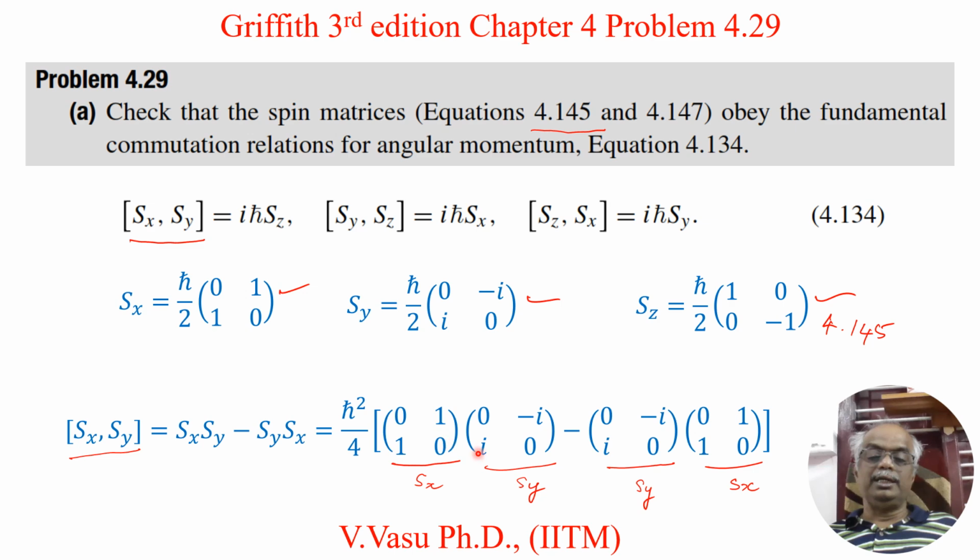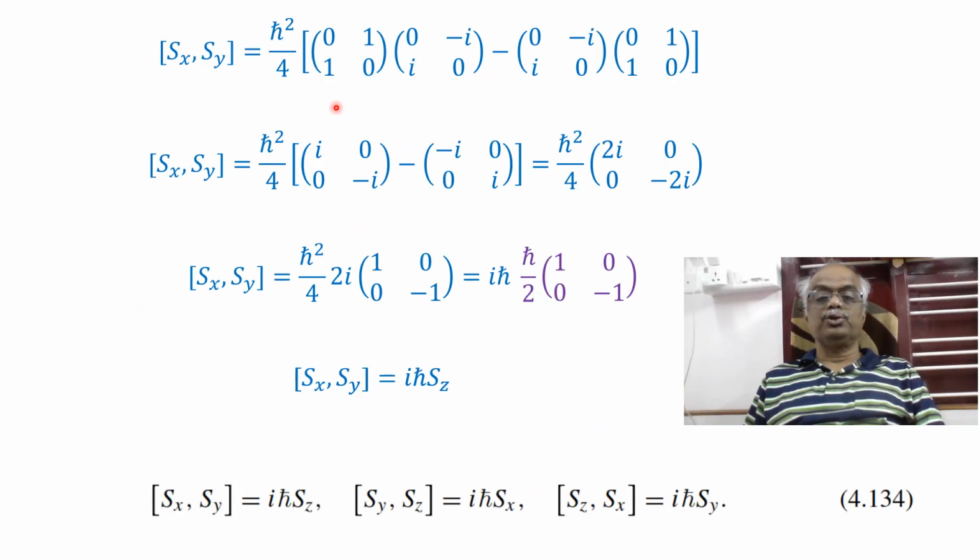Now we will reduce this one. So we got this relation. We get ħ squared over 4 because the Sx matrix contains ħ over 2 and Sy also ħ over 2, so if you multiply you get ħ squared over 4. Now multiply these matrices.